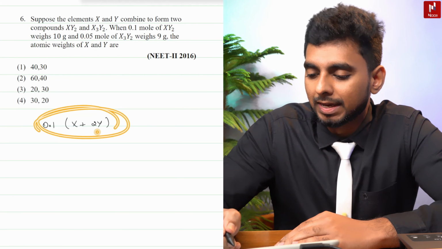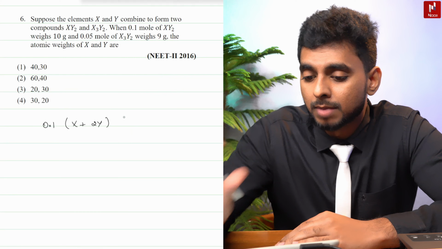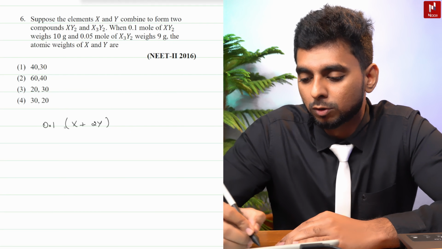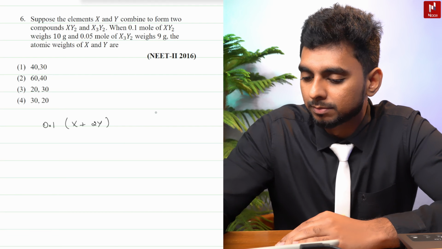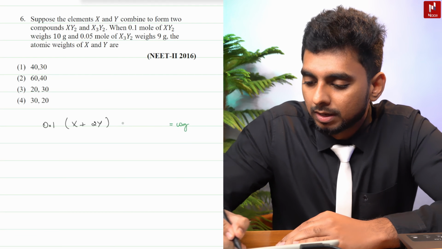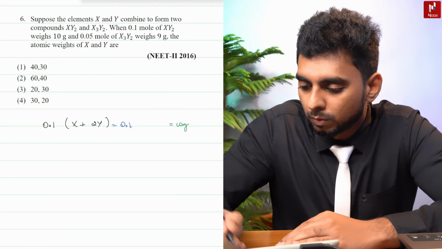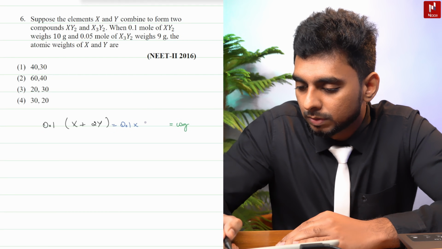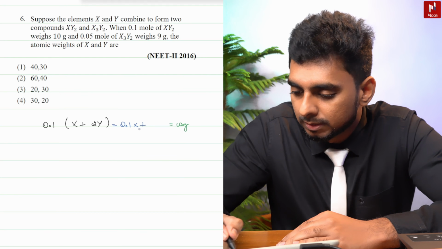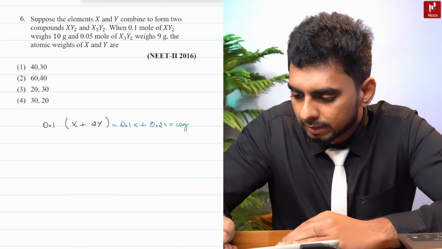If this was the case, then the mass will be equal to 10 gram, right? 0.1 mole of XY2 will give you 10 gram, isn't it? Therefore, this should equate to 10 gram. Let me do the inner multiplication also. If I do that one, you'll have 0.1X for the first one, and same way for the next one, plus 0.2Y, isn't it?